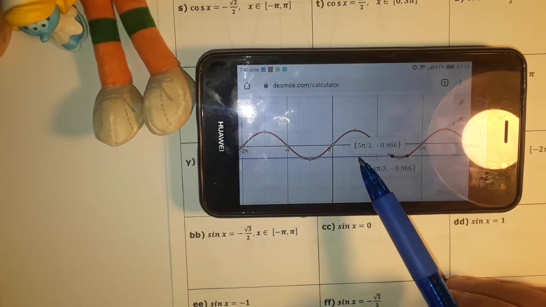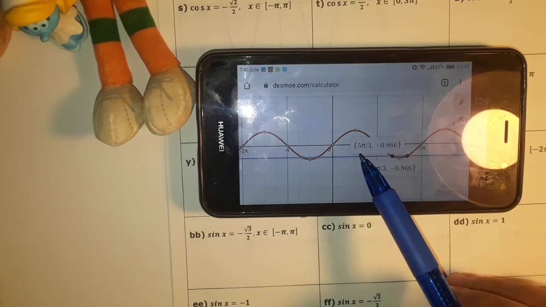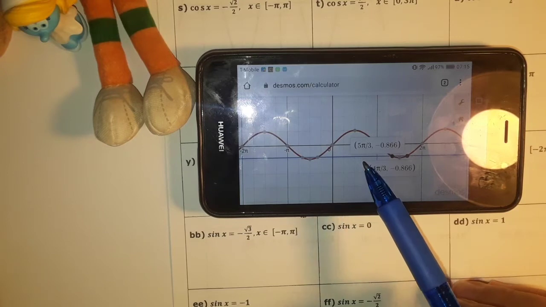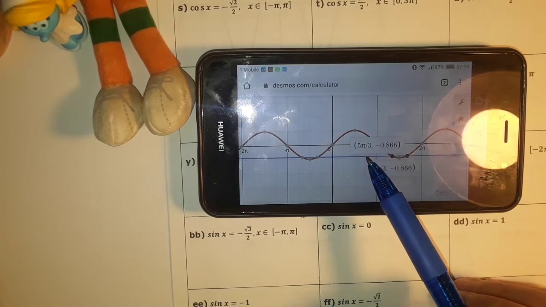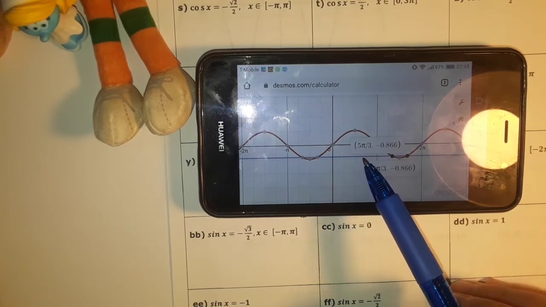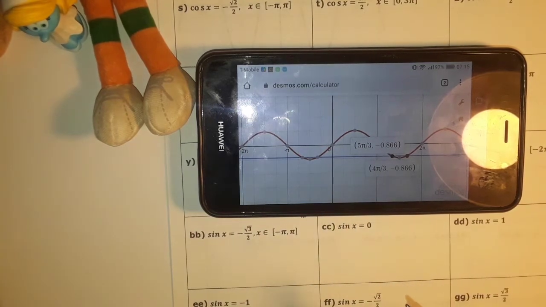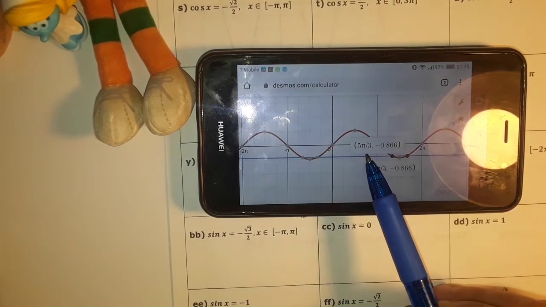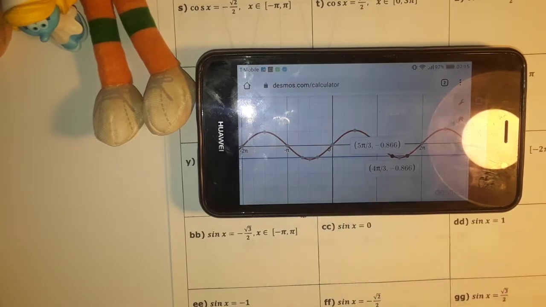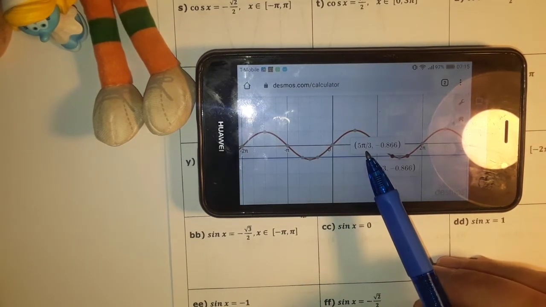Like 4 over 3, it's bigger than 1. 5 over 3, it's bigger than 1. 6 over 3 is actually 2, which is obviously bigger than 1. But if you choose something below 3, like 2 over 3 or 1 over 3, that's below 1, right? So 3 pi over 3 would be exactly 1, which when we multiply times pi, would be pi.